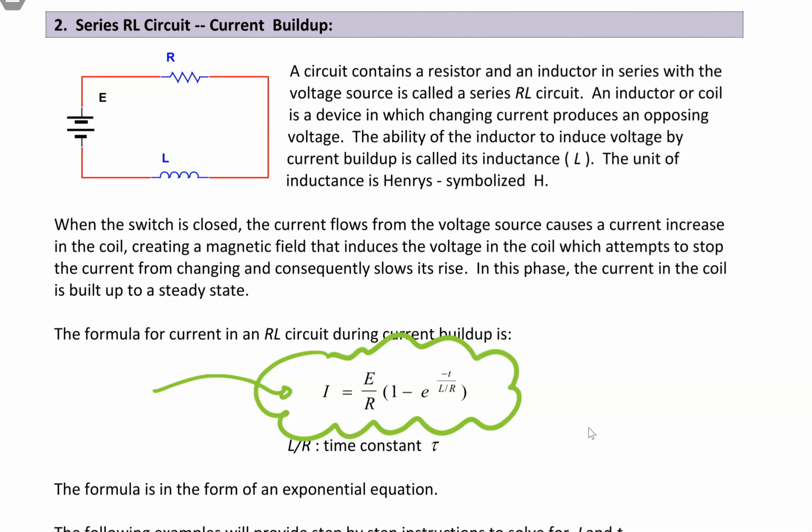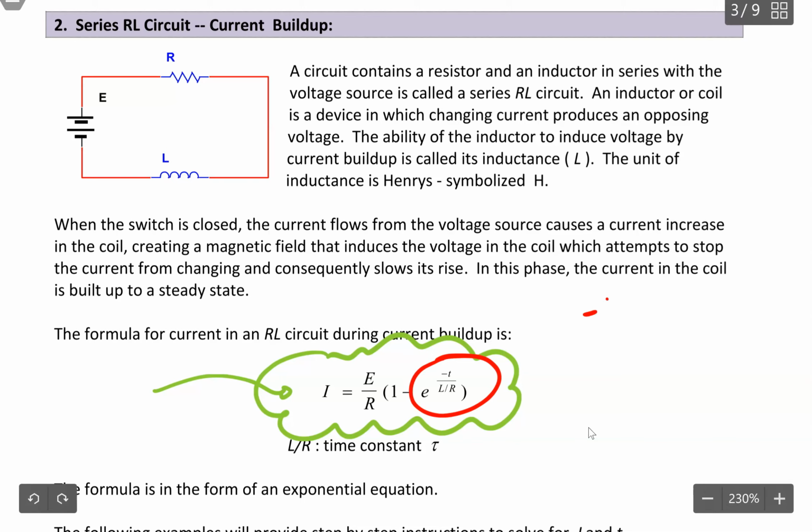Before I continue, I would like to remind everyone that in the previous lesson we talked about the time constant, right? So let's discuss the exponent of this number e. In this number e, the exponent is negative t over L divided by R. I wrote it like this so that everyone remembers it will be L over R in the brackets.